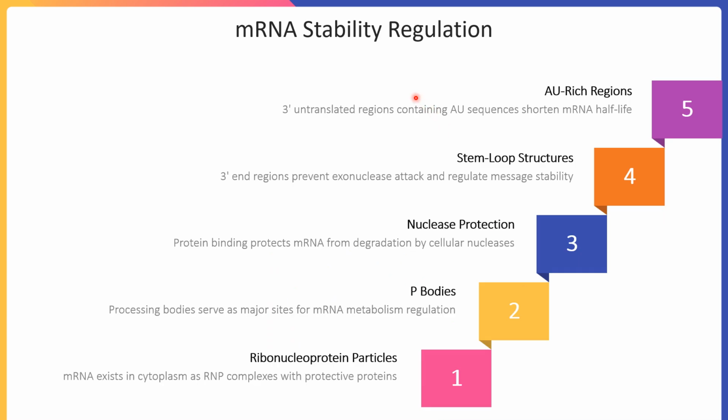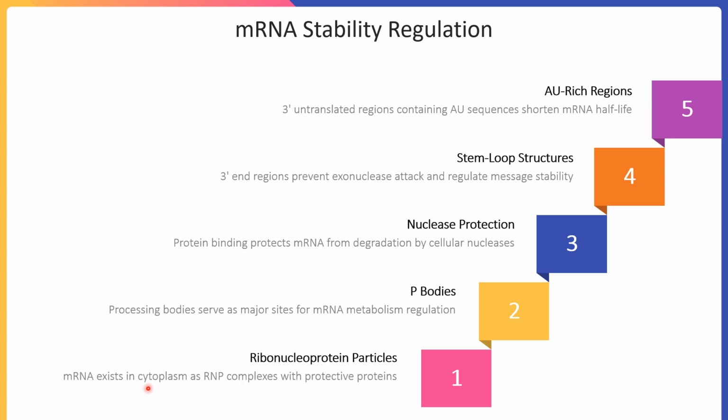So next, coming to the regulatory mechanism by altering the stability of mRNA. The mRNA, after forming, will be processed in the post-transcription stage to become stable. What are the factors that will affect the stability, whether increasing or decreasing the stability of this mRNA?